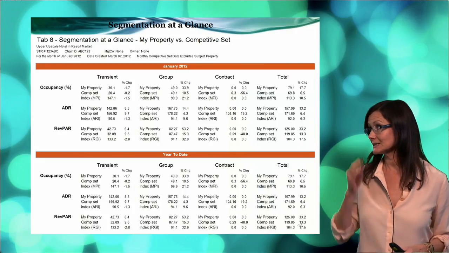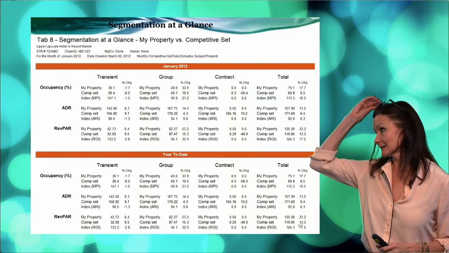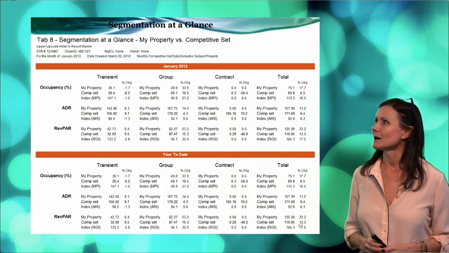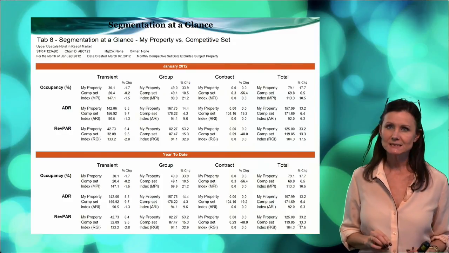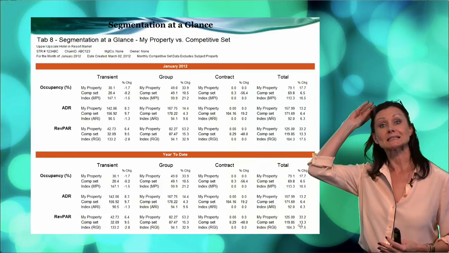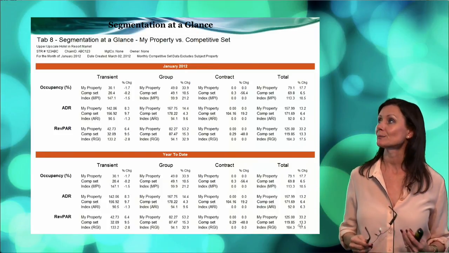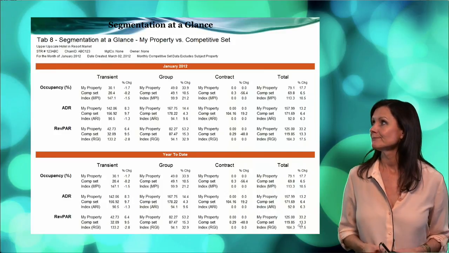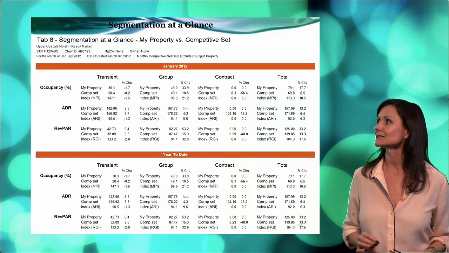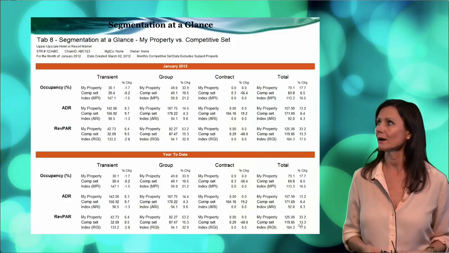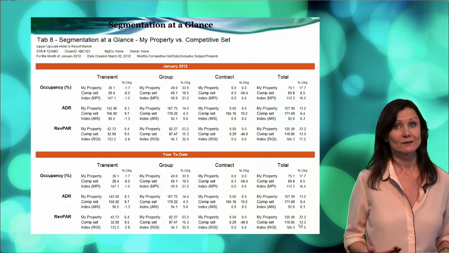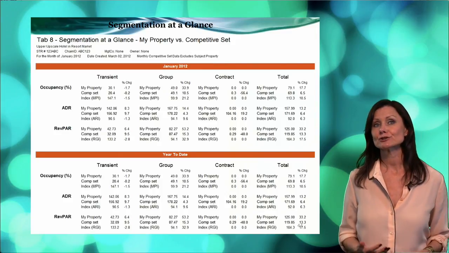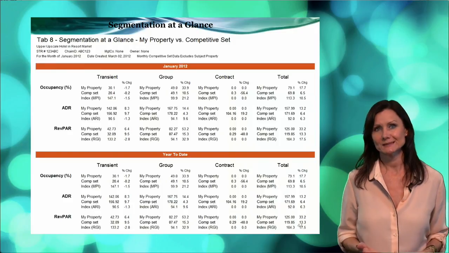With transients, for instance, my hotel occupancy is 30.1%, compared to 20.4% occupancy of our competitors. And you look at the index and you can see the index is 147.1. So we're performing much better than our competition with regards to transient business occupancy.